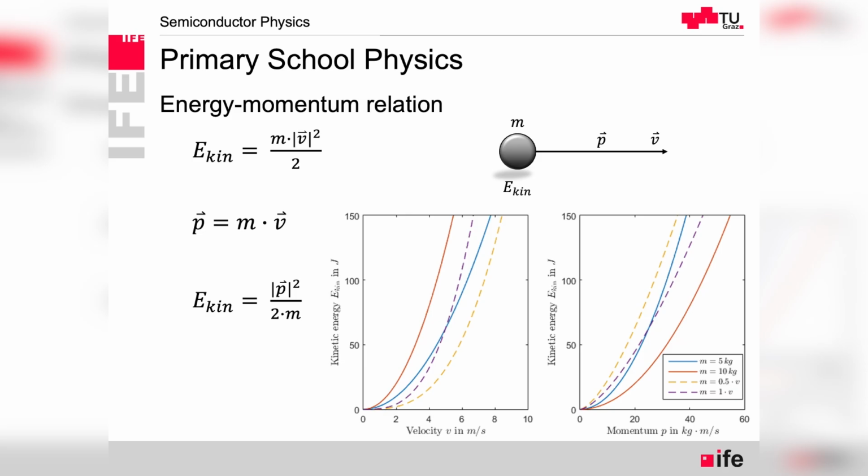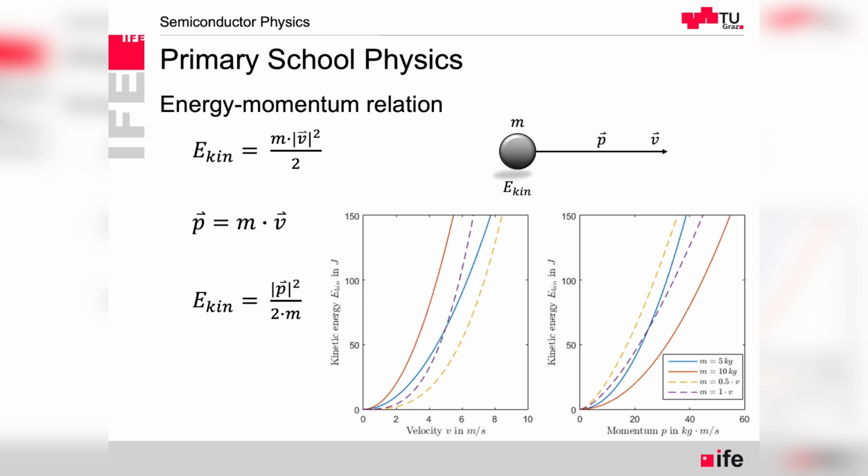But we also talk about momentum, right? The momentum is defined as mass times the velocity. So the kinetic energy alternatively can be expressed in terms of momentum, and we can make basically the same plot, but instead of a function of velocity, a function of momentum. So kinetic energy as a function of momentum.